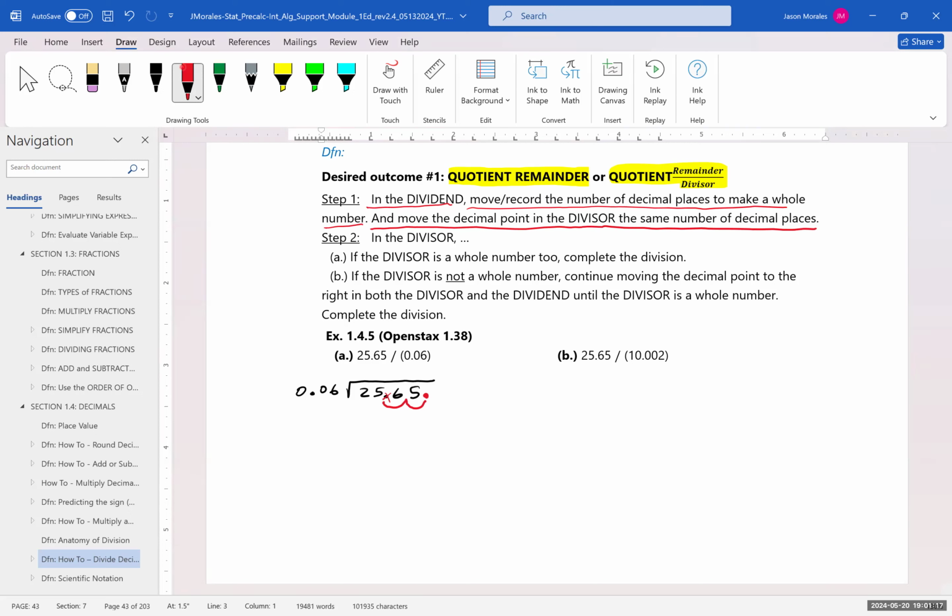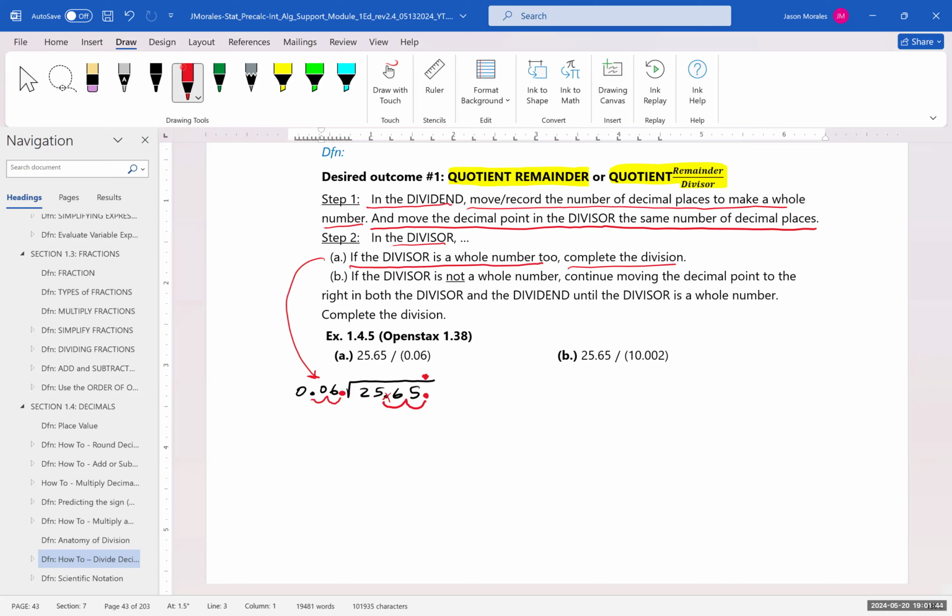So because we moved the decimal point in the dividend 2 to the right, we need to move the decimal point 2 to the right in the divisor as well. So now we can move on to step 2. So now looking at the divisor, if the divisor is a whole number, which it is now, complete the division.